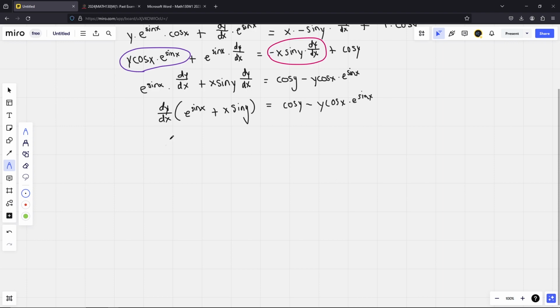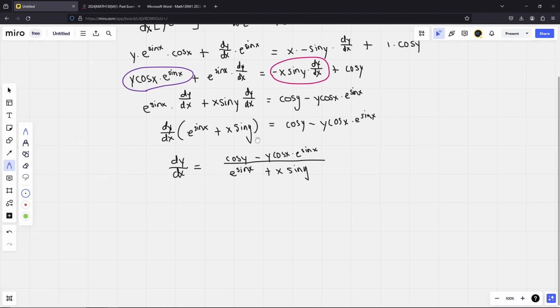Okay, so if we divide both sides by this term, we get dy/dx equal to cos y minus y times cos x times e to the sine x, all over e to the sine x plus x times sine y.